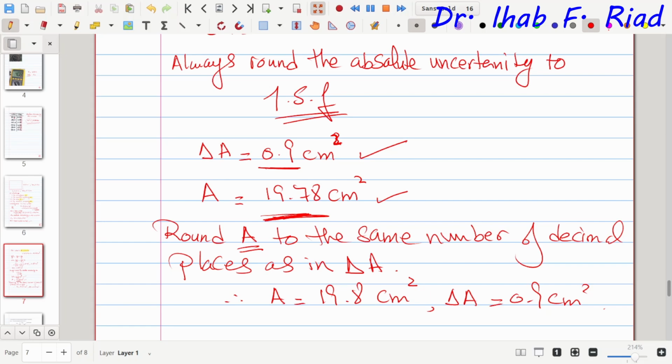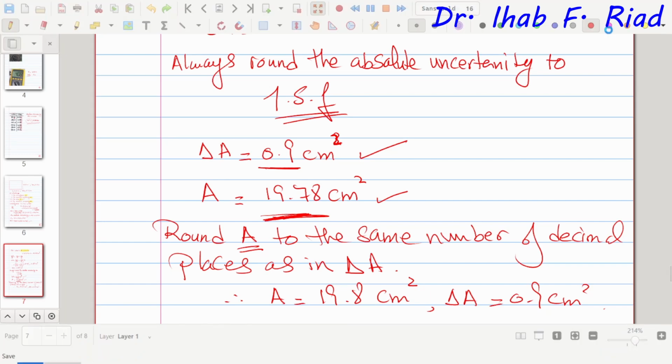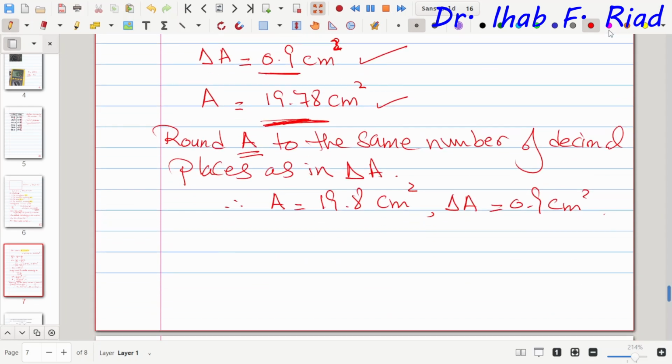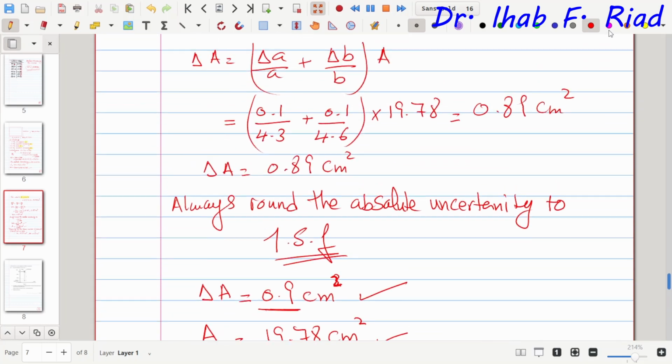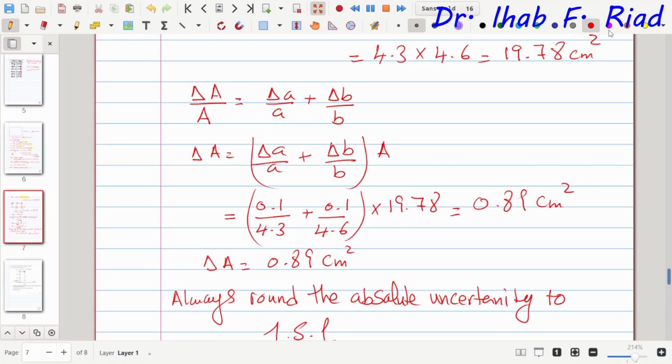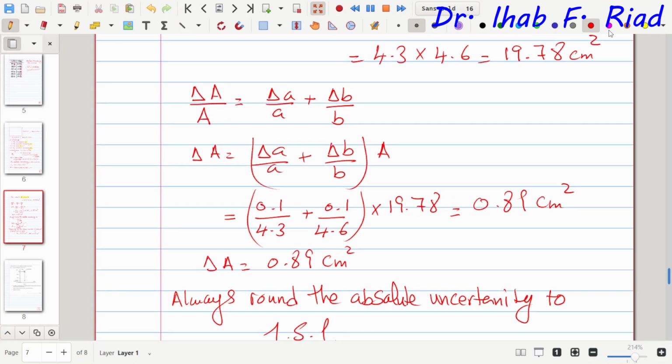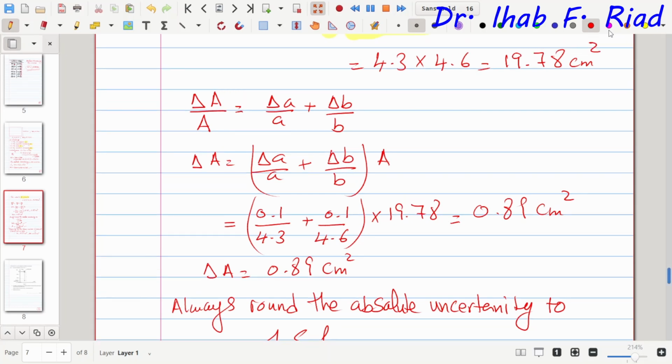Don't be worried. As we practice more, as we solve more, you will get used to these kinds of things. So here we have said that if we carry out a measurement using an instrument like a vernier, a micrometer, a meter ruler, a protractor, whatsoever, this is how we can calculate the absolute uncertainty.